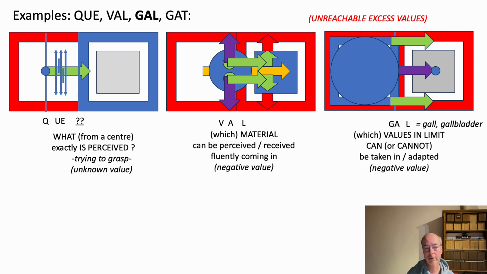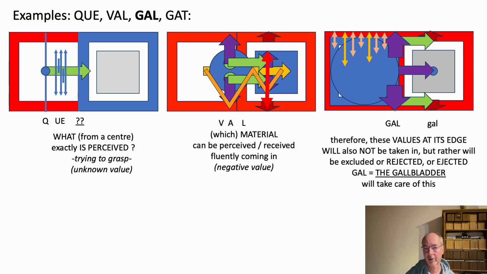It is also about the values that are larger than yourself, the edges that cannot be grasped. So you cannot take them in. So the values that are over a certain value that you can do something with. In this case, we will try to do something with it. And by trying, some of it cannot be done inside your own environment. So some of it will have to be excluded.